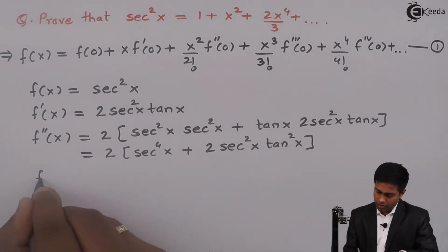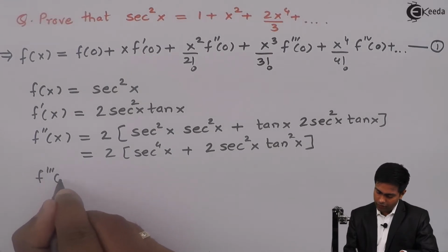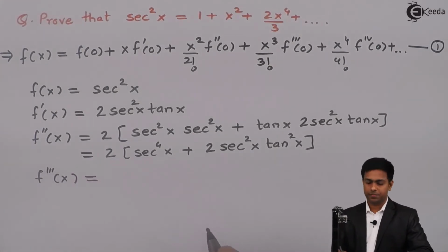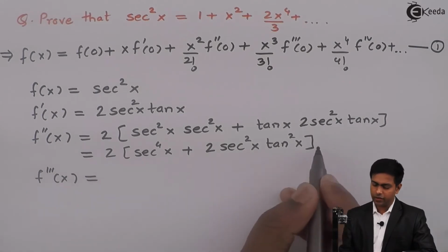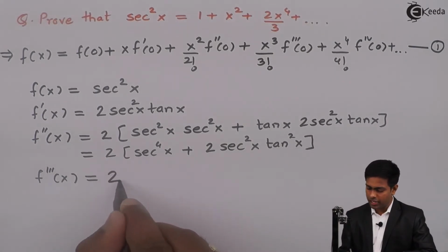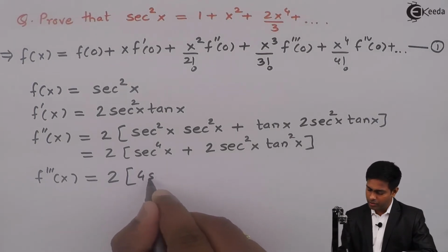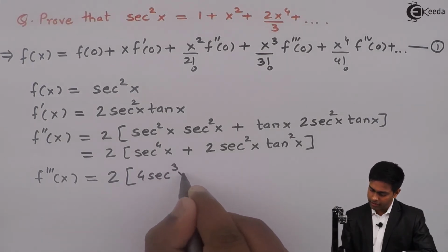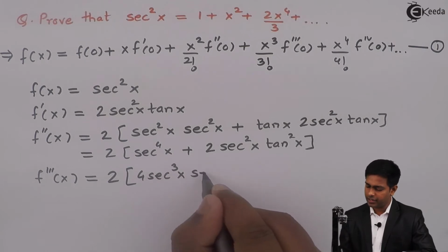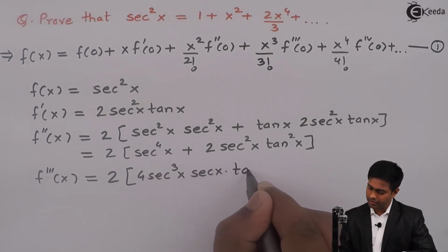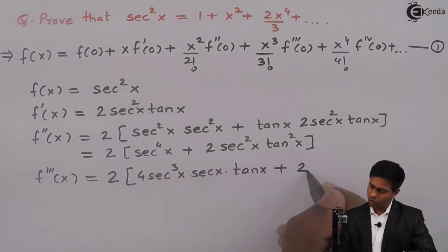Next, f triple dash of x. For that we'll find the derivative of this term. So 2 as it is, the derivative of sec raised to 4x is 4 times sec cube x into the derivative of sec x, which is sec x into tan x, plus 2 as it is.